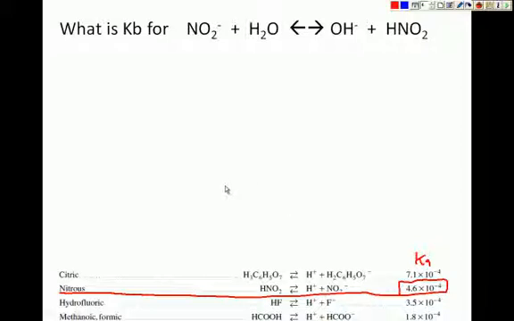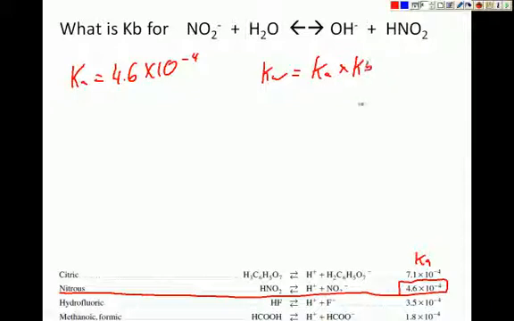So we know that Ka equals 4.6 times 10 to the minus 4. Okay. So we also know that Kw equals Ka times Kb.